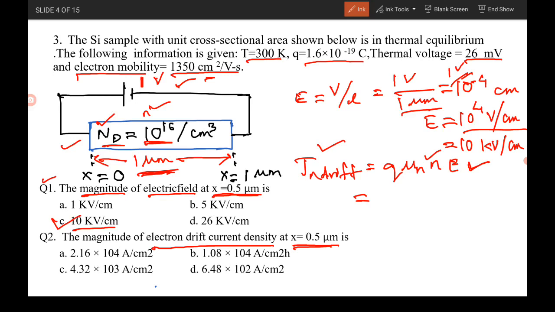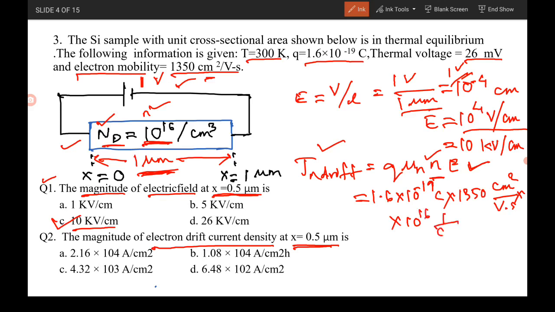So let's substitute the values. It is 1.6 into 10 to the power minus 19 coulombs. What is mobility? It is 1350 centimeter square per volt second, multiplied by the concentration of electrons, that is 10 to the power 16 per centimeter cube.